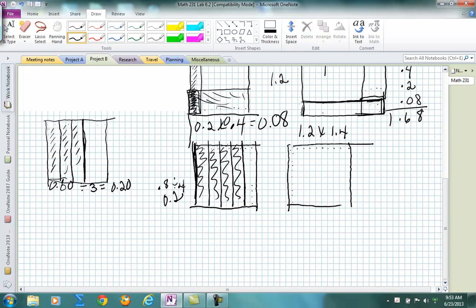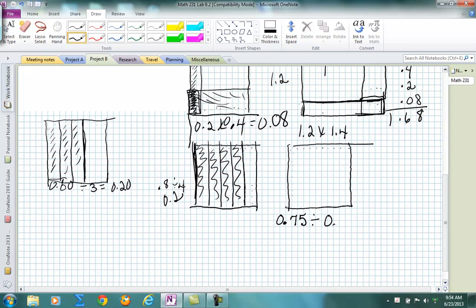All right. So, we have our unit. And let's say that we wanted to divide 75 hundredths by 15 hundredths.